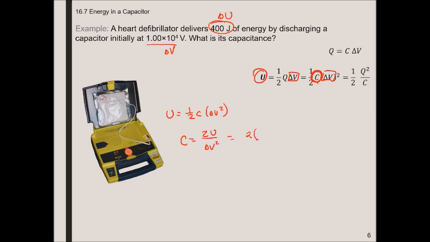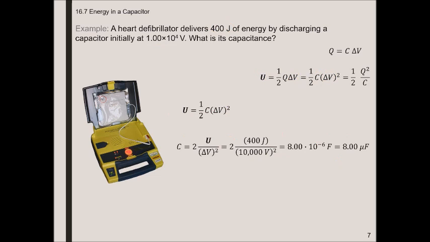And 2 times 400 joules over 10,000 volts squared gives us 8 times 10 to the -6 farads, or 8 microfarads. So that's a fairly common capacitor. It's not big, not small, kind of an average capacitor value.